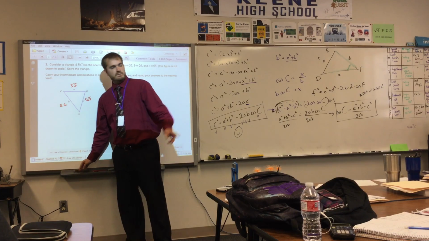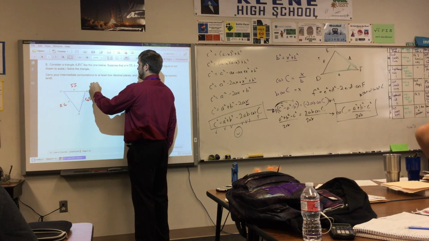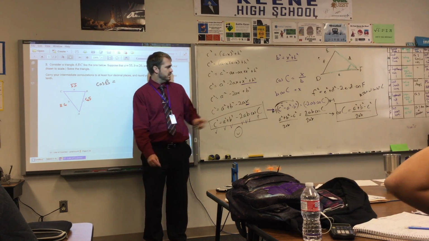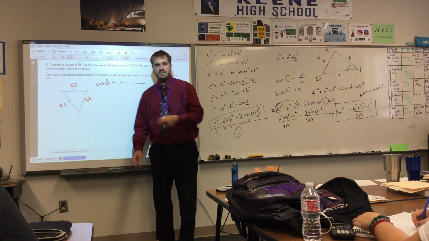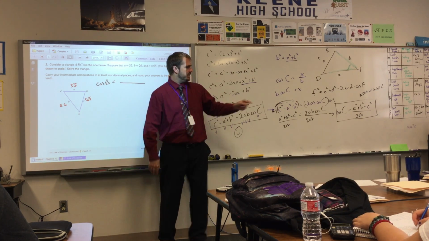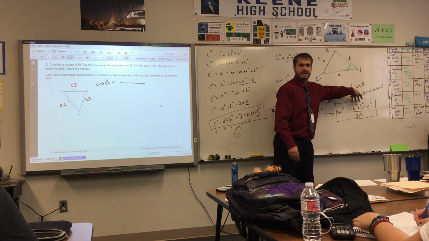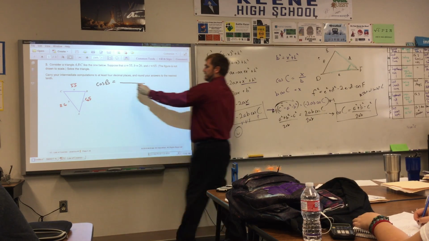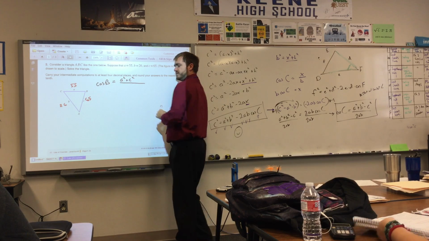That's right. So as soon as I know that formula, now I'm going to rewrite that formula in terms of B. I'll say cosine of angle B is equal to, now I'm not going to write A squared plus B squared because that's not the proper terminology. A squared and B squared are the other two sides. So if it's C, then it's A and B. If it's B, then this is going to be A squared plus C squared.